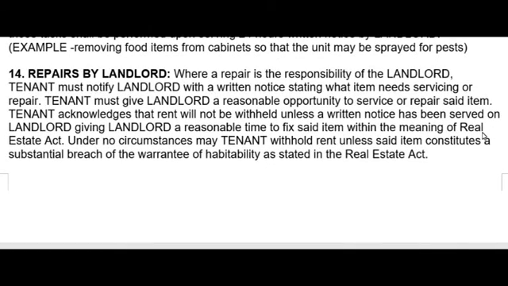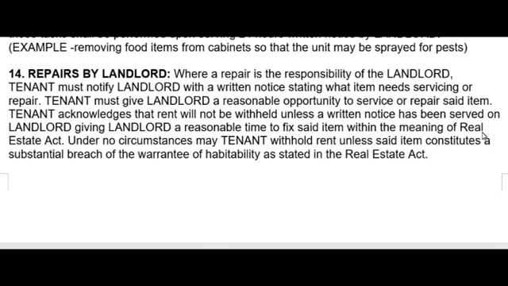14. Repairs by landlord. Where a repair is the responsibility of the landlord, tenant must notify landlord with a written notice stating what item needs servicing or repair. Tenant must give landlord a reasonable opportunity to service or repair said item.